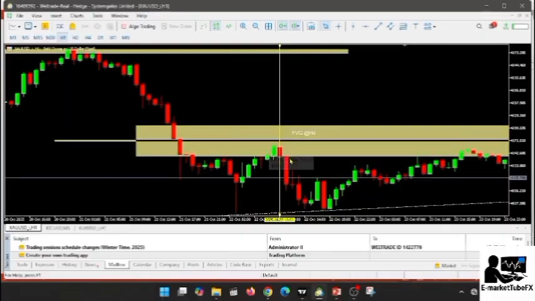So as price retraces into the fair value gap, there's a bearish candlestick formed here, which confirms that market is coming down. So you place your stop loss behind the mid of the fair value gap, then enter the market right after the confirmation of this bearish candlestick formed here.